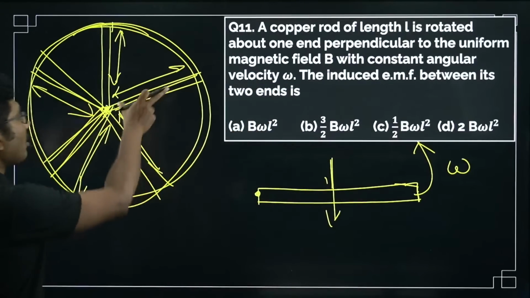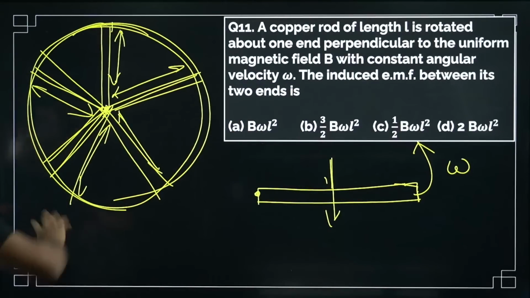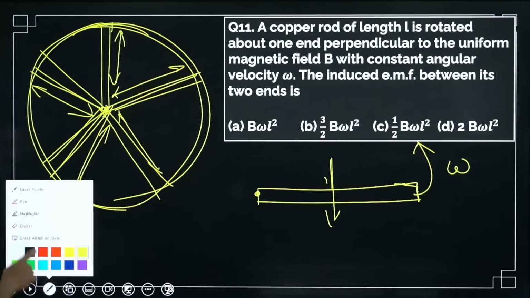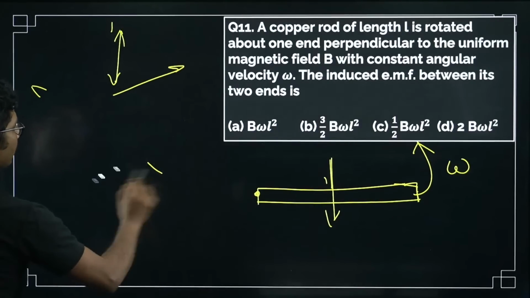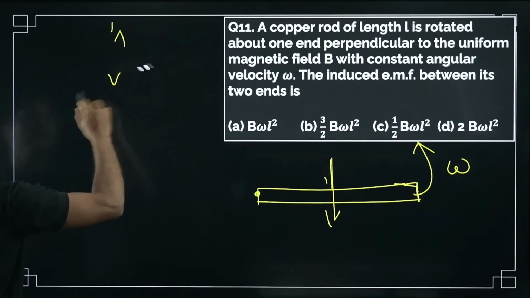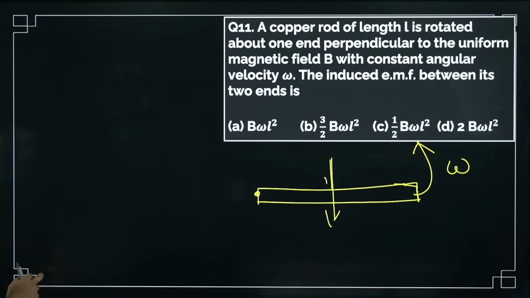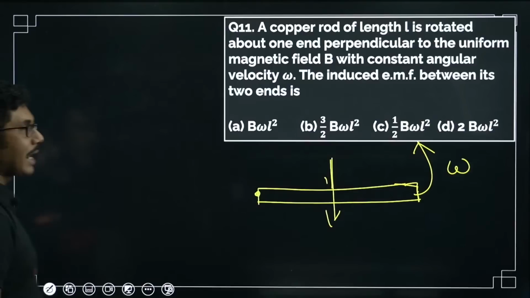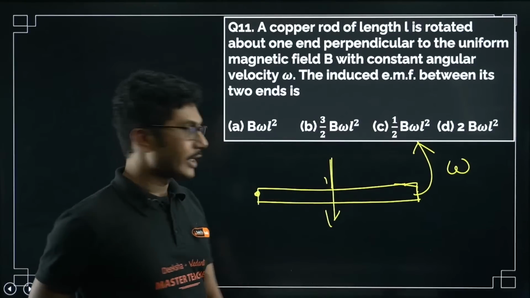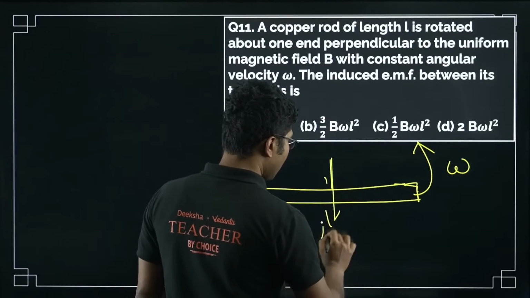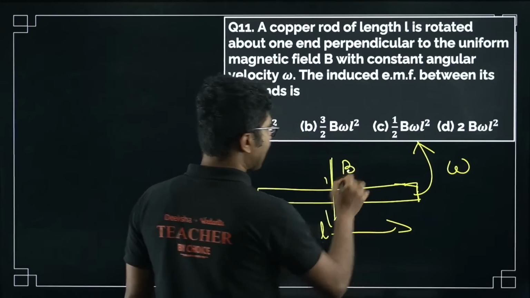Only one rod is sufficient for me to answer the same question. Now this is not about circular spoke, so I am erasing it, but in case of circular spoke, remember the number of spokes does not matter. Only the angular speed with which it is rotating, the length of the rod, and obviously the magnetic field which is acting matter.